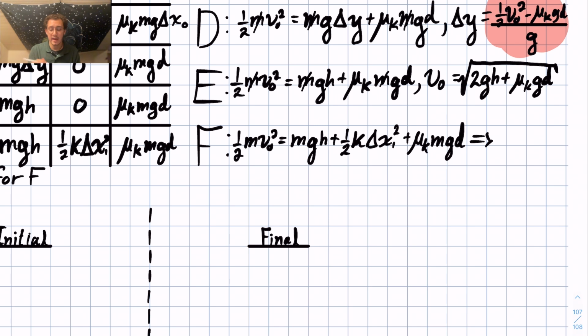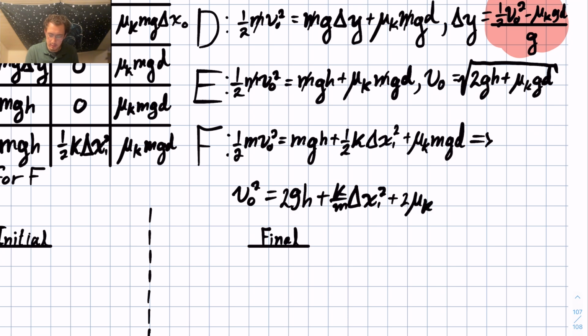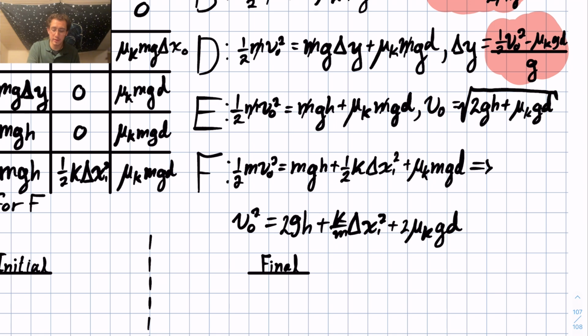By dividing by m and multiplying by 2 on both sides, we get v naught squared isolated, and that's going to equal 2gh plus k over m delta x1 squared plus 2 mu k gd. And taking the square root of both sides, that would be your final answer.